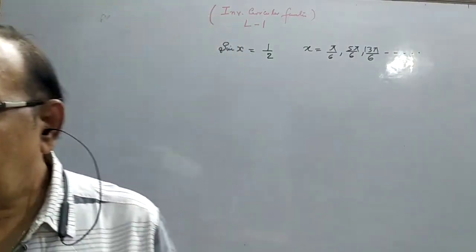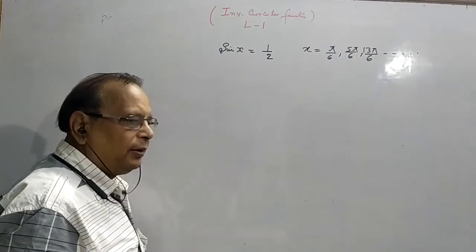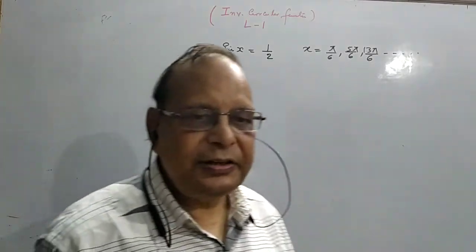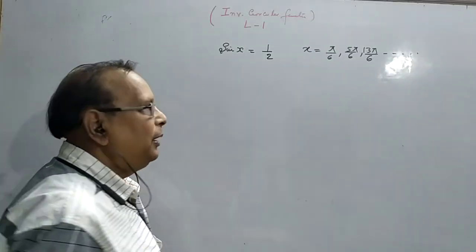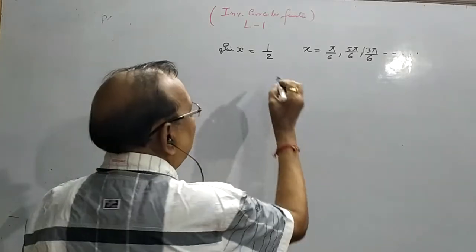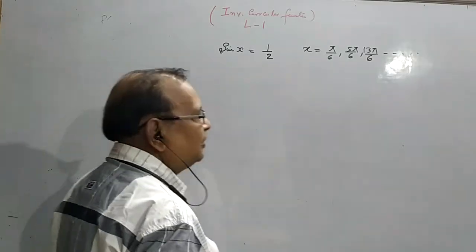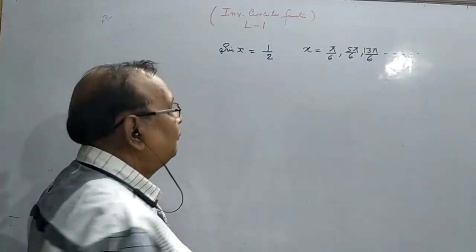But according to the definition of the function, each member must be associated with a unique value in the codomain. Therefore, we consider x in such a way that it has only one value, which is called the principal value.